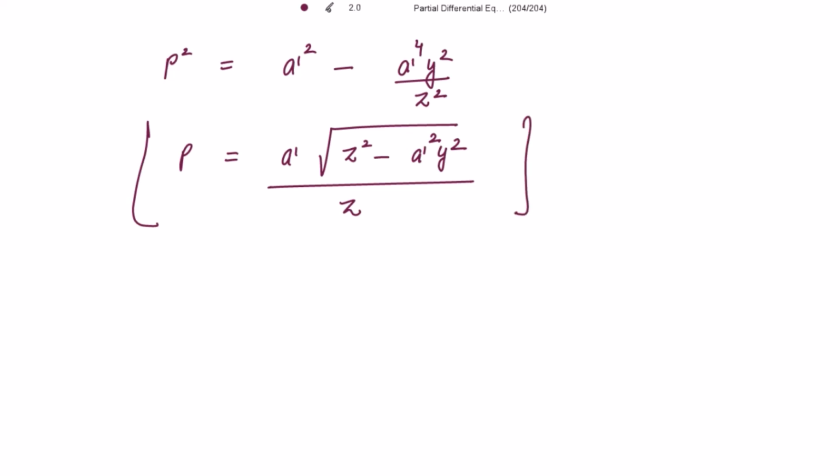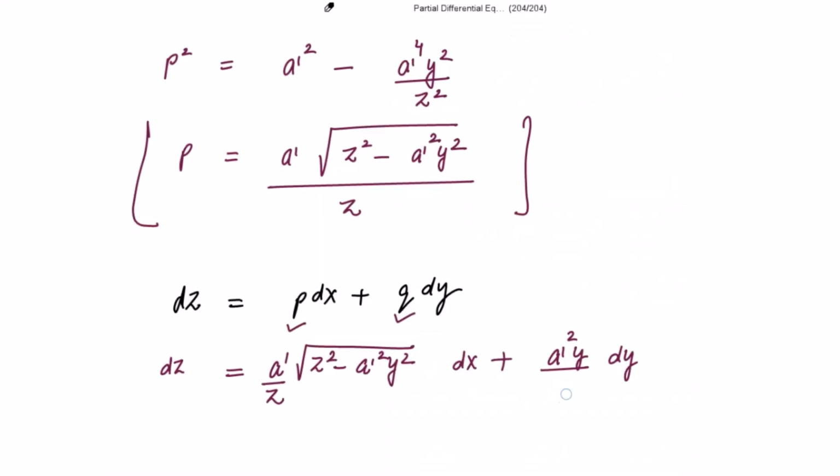To get the value of the complete integral, we use the equation dz equal to p dx plus q dy. And now putting the value of p and q over here, adjusting this z to the numerator of the left hand side and taking this term to the left hand side.